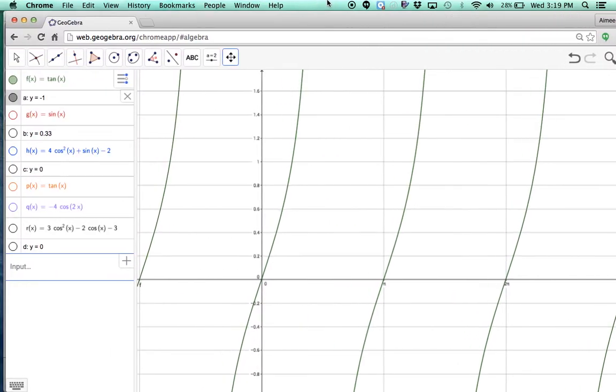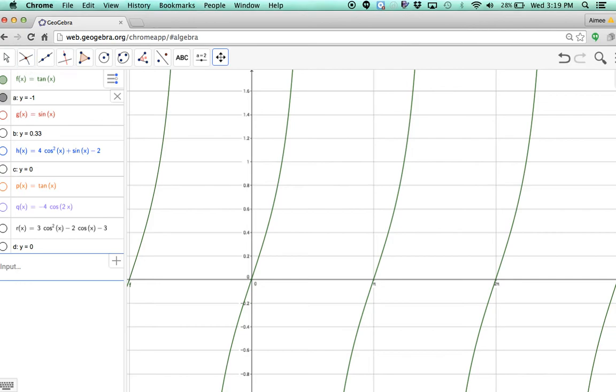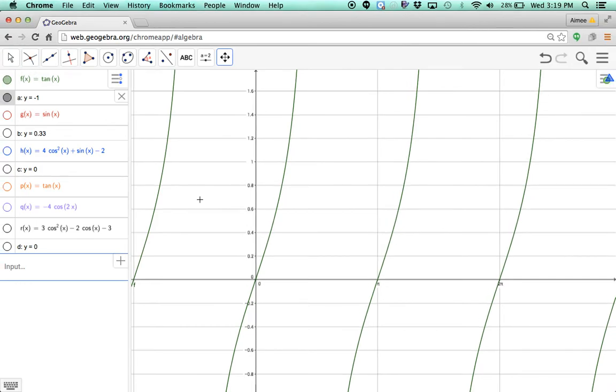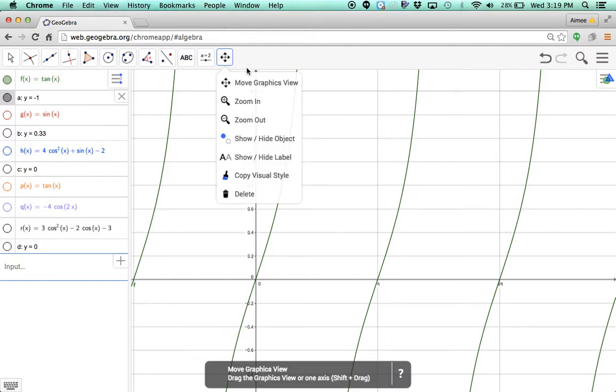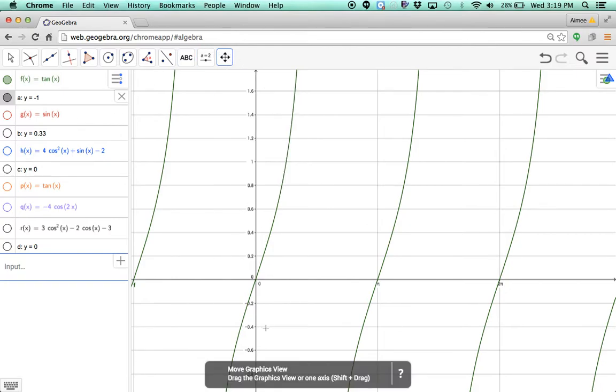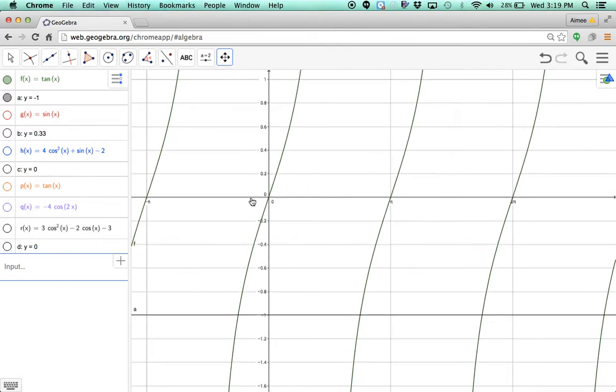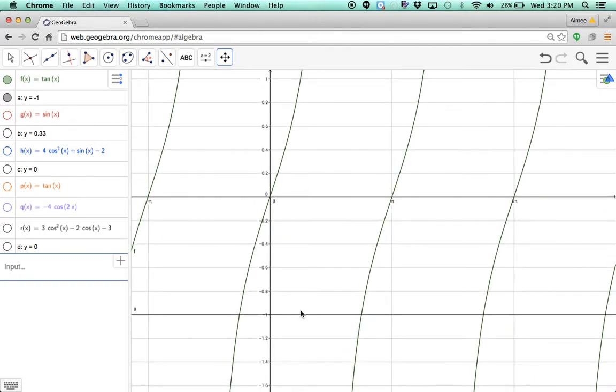for infinitely many options here. So looking here on GeoGebra, I have the graph of tangent, and I'm just going to modify this a little bit so that we can see the graph of tangent. And then I also have the graph of the line y is equal to -1.